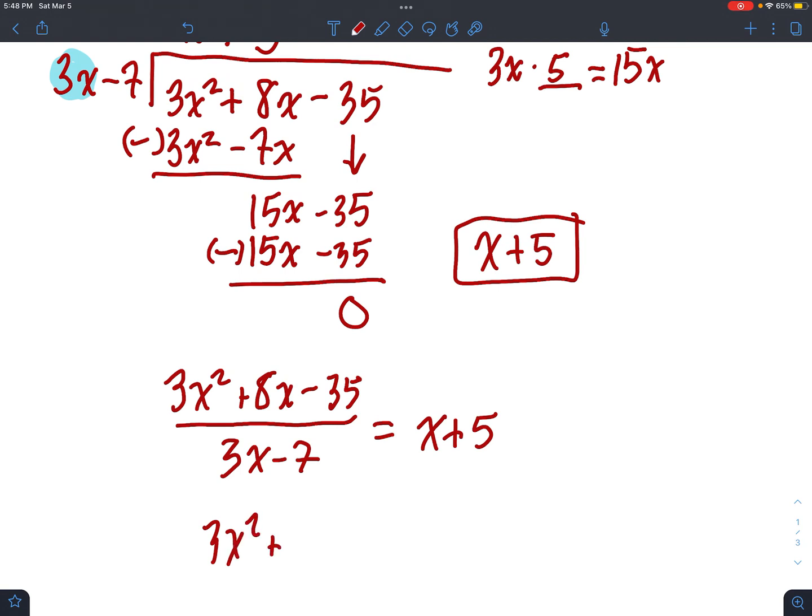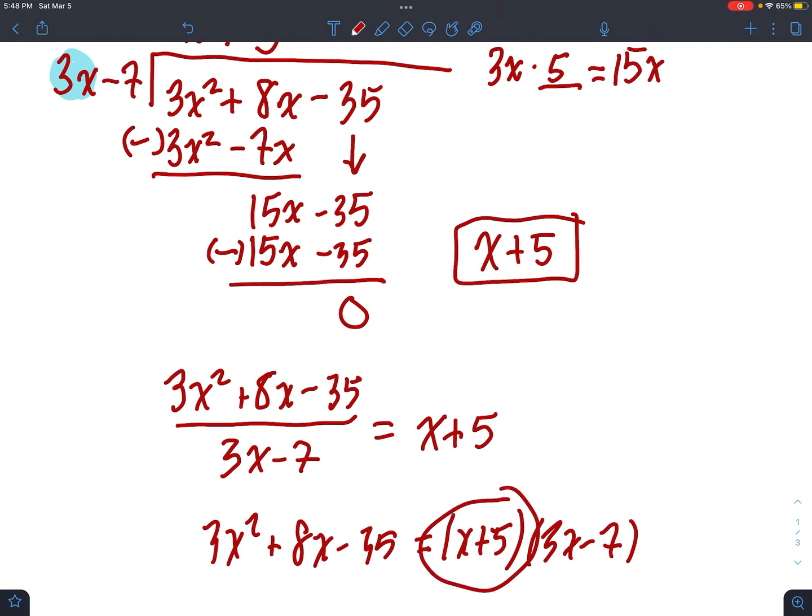Well, if you multiply both sides by the denominator, you get this. So we just figured out the mystery binomial factor that you need to multiply 3x minus 7 by to get the dividend, the quadratic. Okay, so it actually finds factors for us, but we got to know what one of them is first. You see?